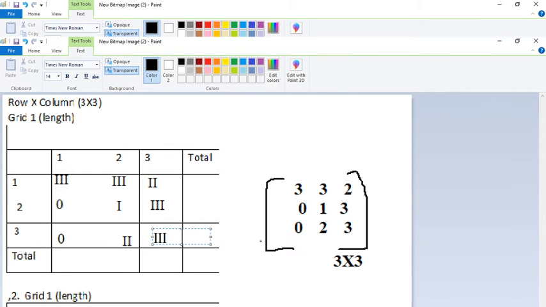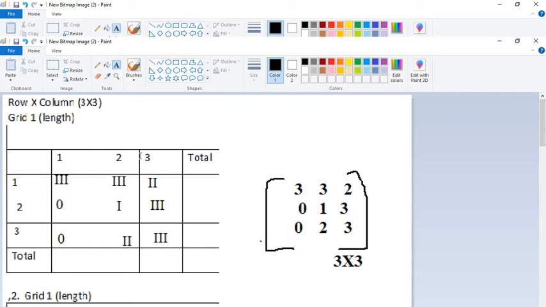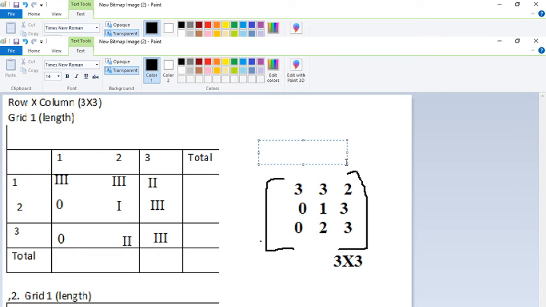So what will be the matrix for the woodland? That will be the matrix for the woodland, for the grid F, that is forest type.